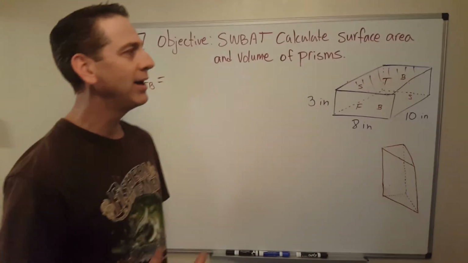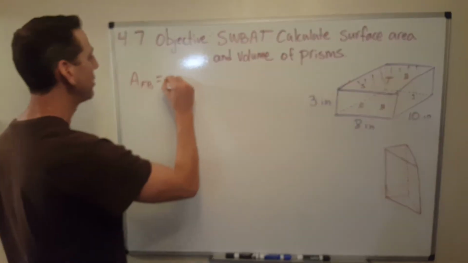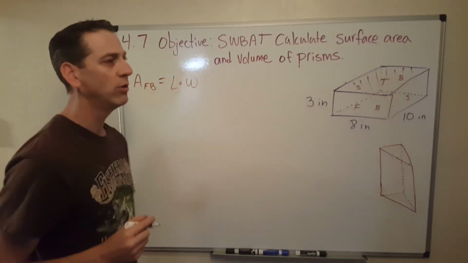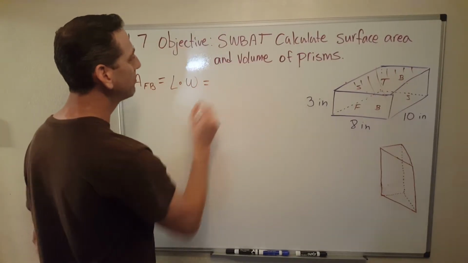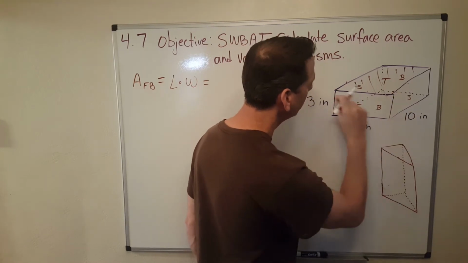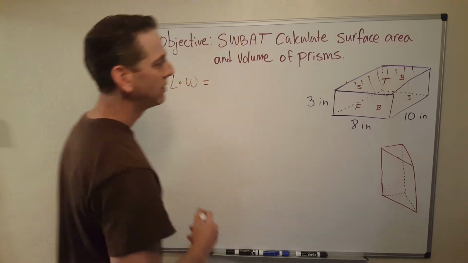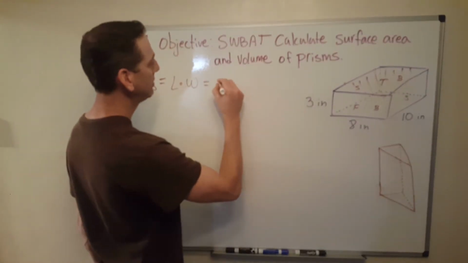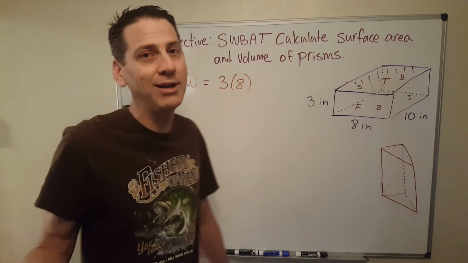This is a rectangle. The area of a rectangle is length times width, so I'm going to write down my formula so that I always remember that. I just have to figure out what my length is. Dealing with this rectangle in the front, this is basically a 3 by 8, or 8 by 3, it doesn't really matter.